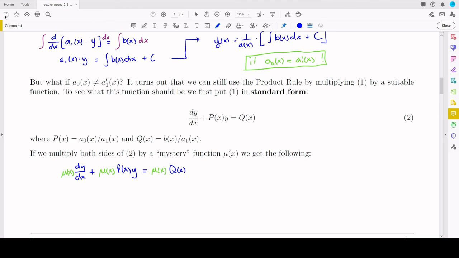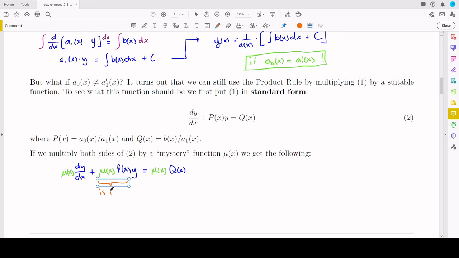So this is what we want to take a look at. Remember, we were able to find a solution if the second function in front of the y was the derivative of the first function. So we want to see, is it possible that this function is the derivative of this function?